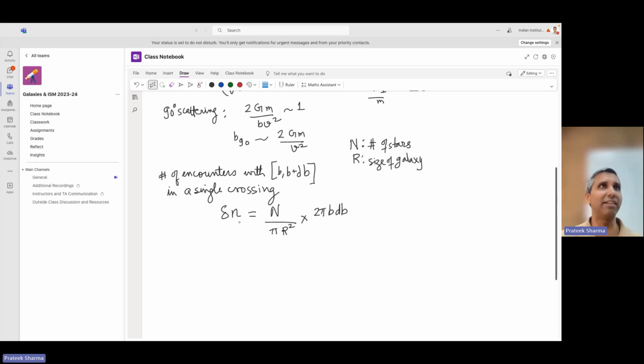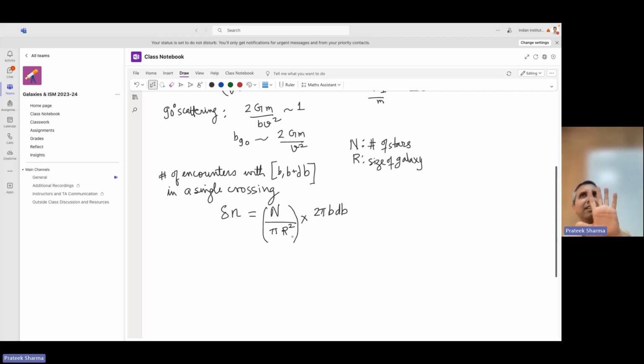The delta n typical value would be much less than 1. In a single crossing, you won't have strong interaction even once. So this is just the ratio of the area of this annulus with impact parameter b to b plus db, and this is the number of stars per unit area, right?